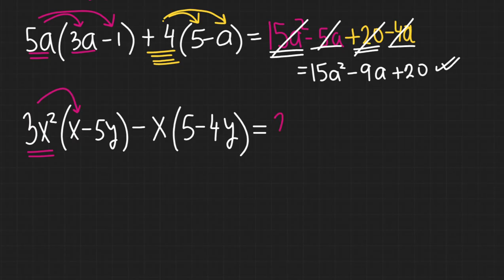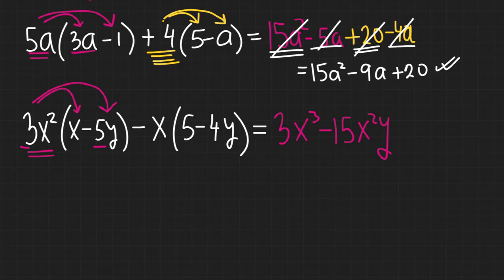It will be 3, and then x squared times x will be x to the power of 3. Then we have 3x squared multiplied by minus 5y. Remember, positive number by negative will give us a negative, and then 3 times 5 will give us 15 x squared y.